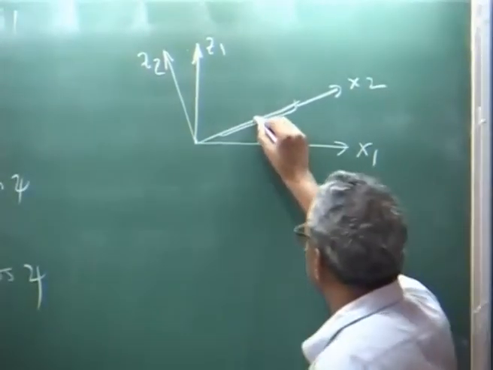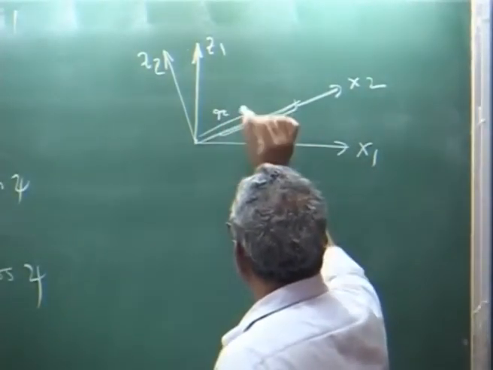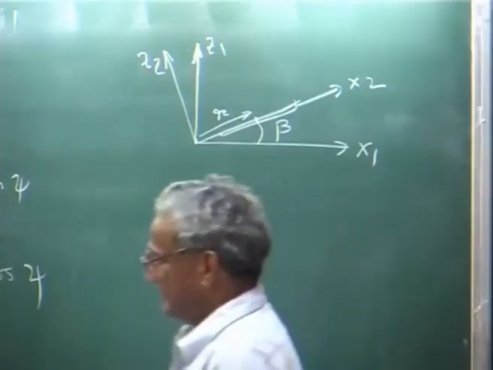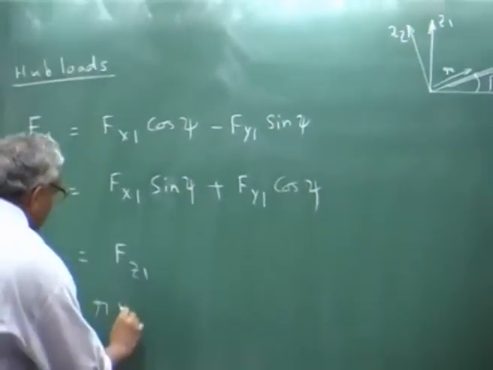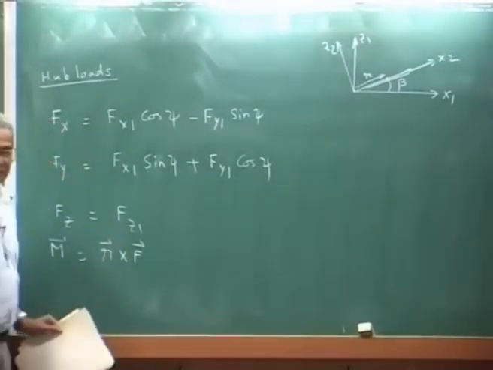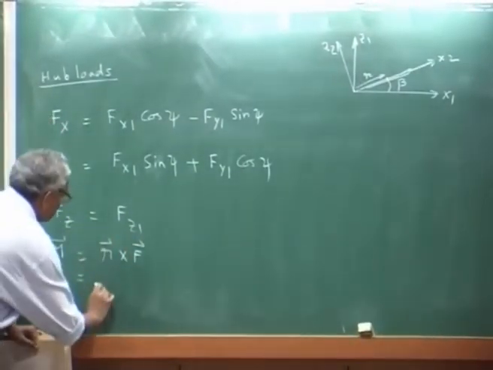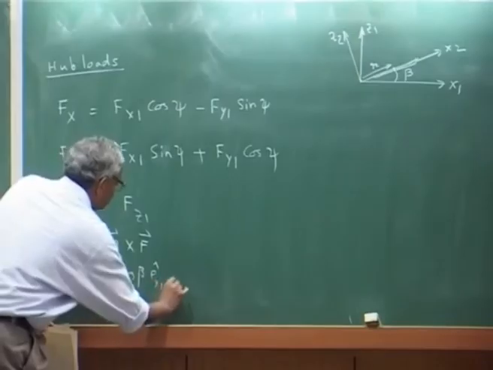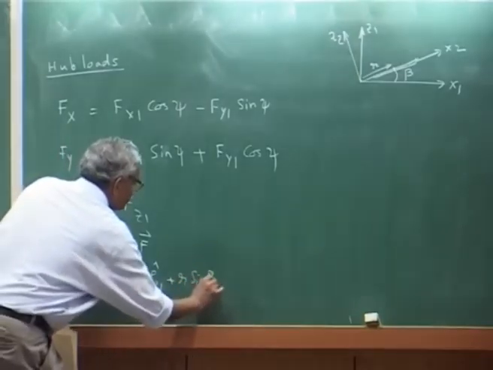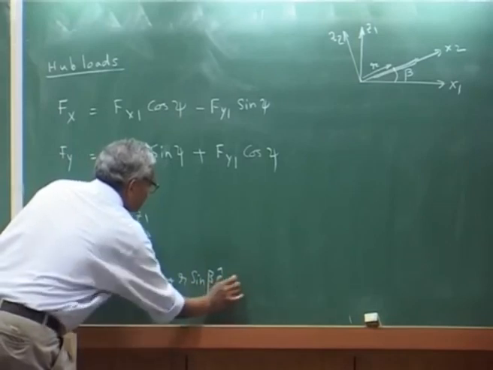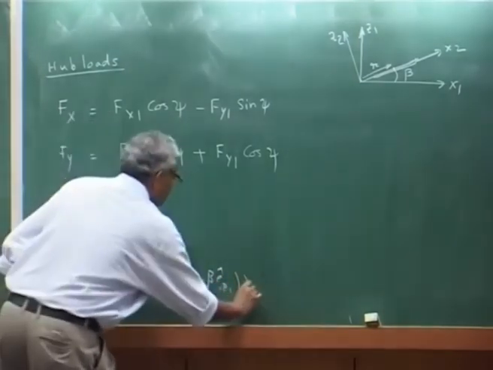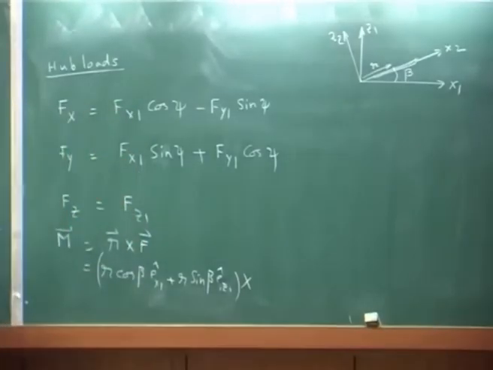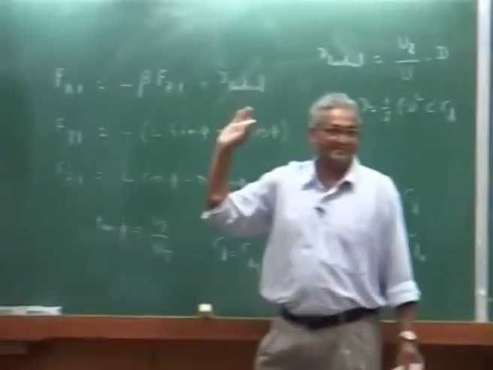This force is acting at a location which is r, okay. Now when I want to take the moment, you can write the moment is r cross f, okay. Now the r you can write r cosine beta ex1 plus r sin beta ez1 cross f x1 y1 z1, they are here x1 y1 z1, okay.